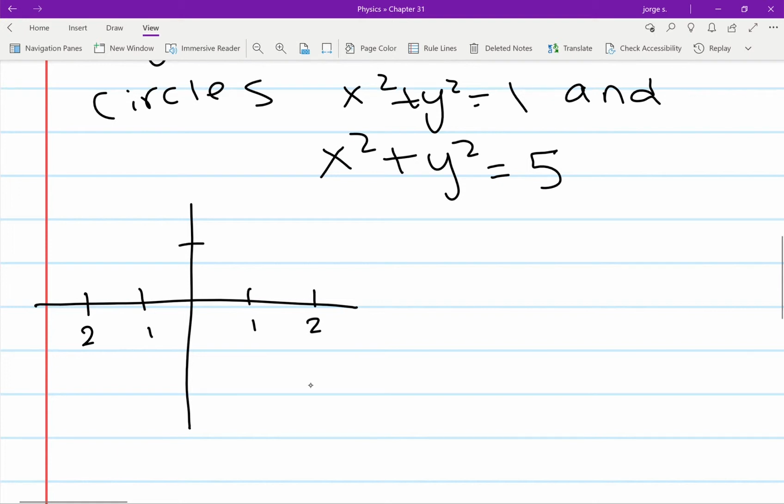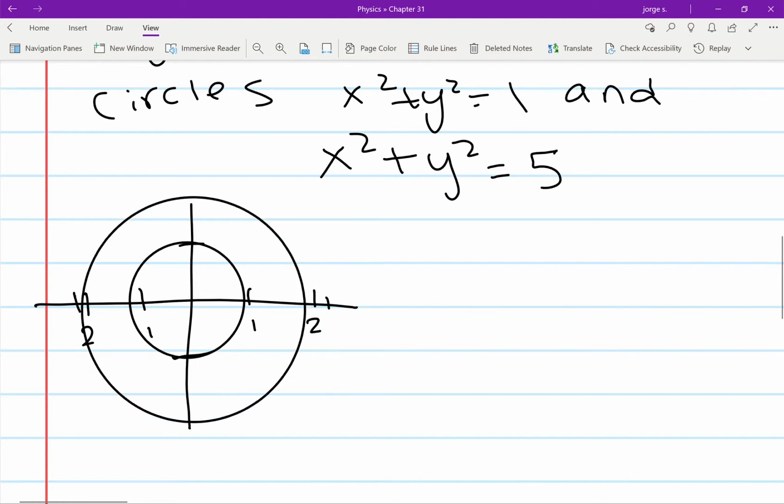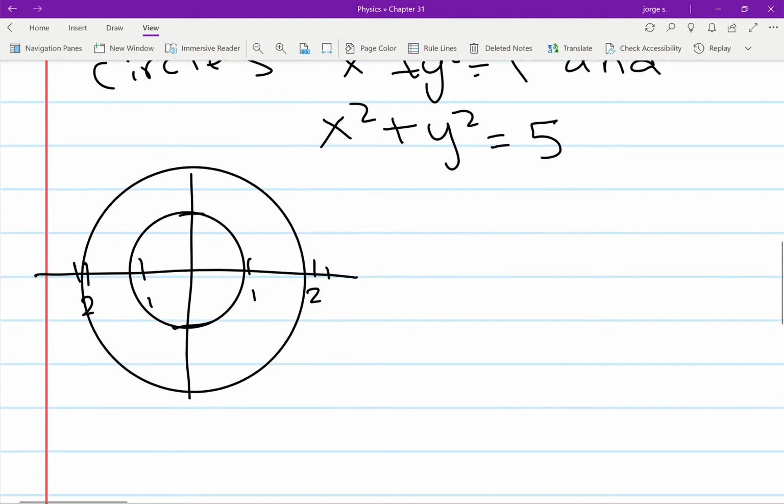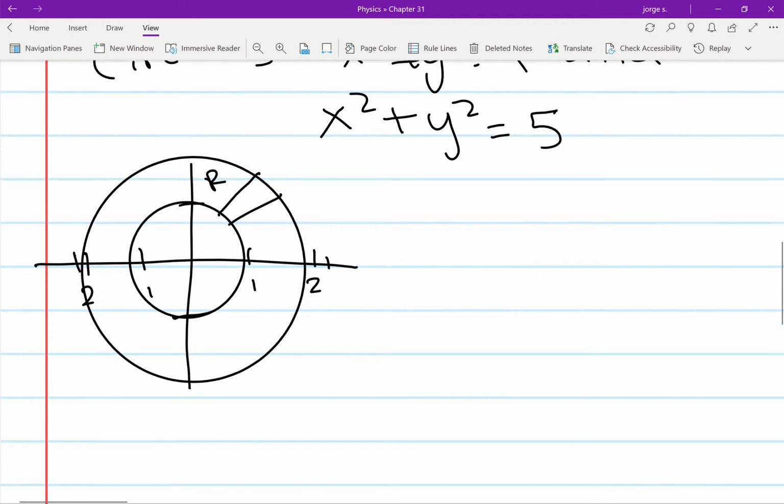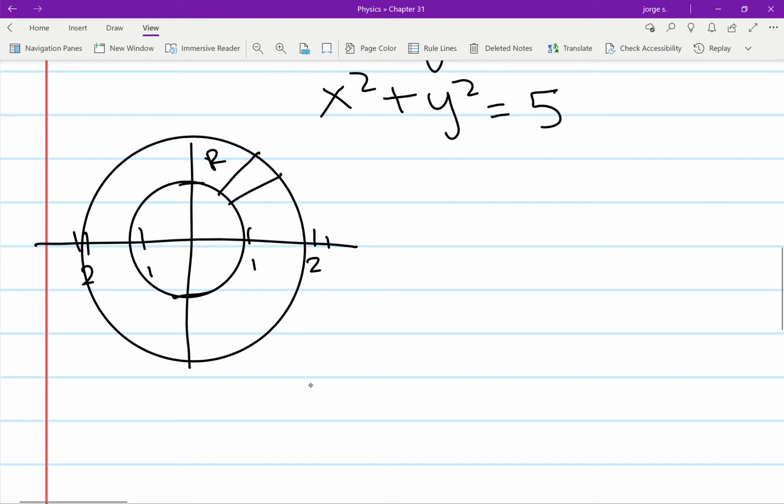We know the first one is radius 1 and rad 5 is somewhere right here. So we draw an outer circle. So we'll get the region R, which is also the radius between the outside of the circle and inside of this circle.